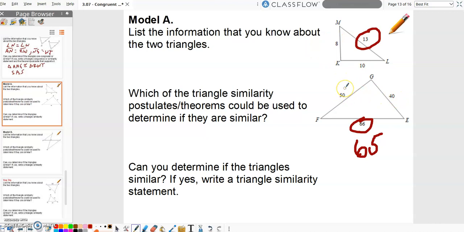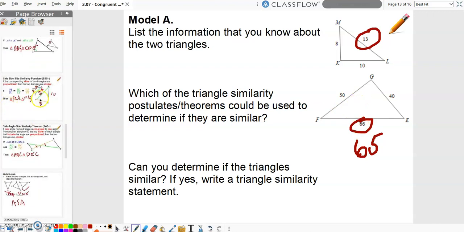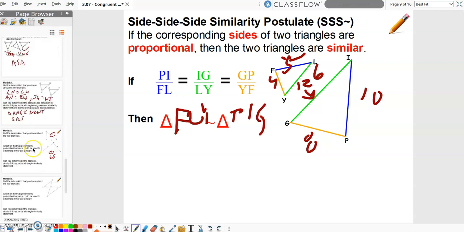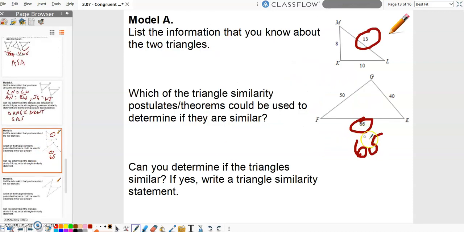So these two sides are proportional. The third side is not. It's just a little bit off. So they are not similar. And it's because this last side is not proportional to the other two sides. And that was going back to the side similarity postulate. Okay, so if they are all equal, then it's a similar triangle. But we have one side that's slightly not equal. Okay, so we cannot determine.